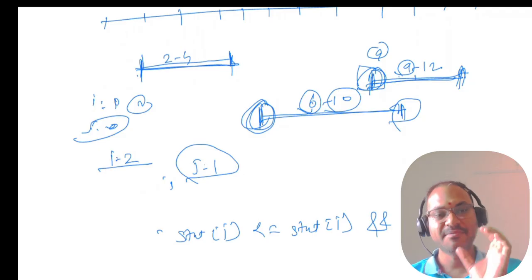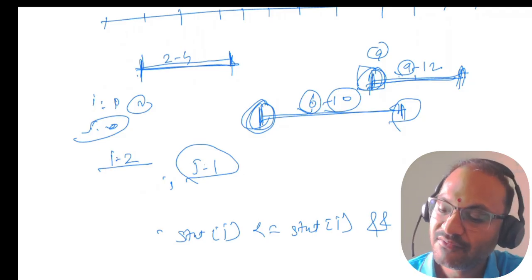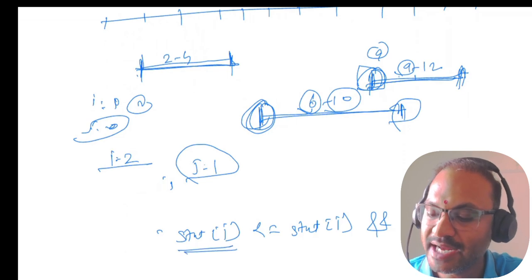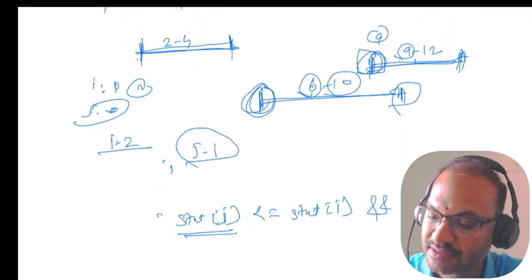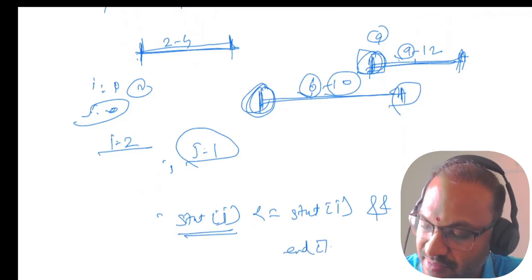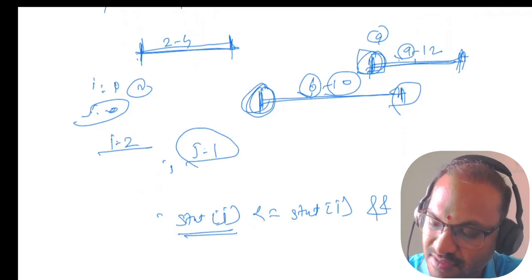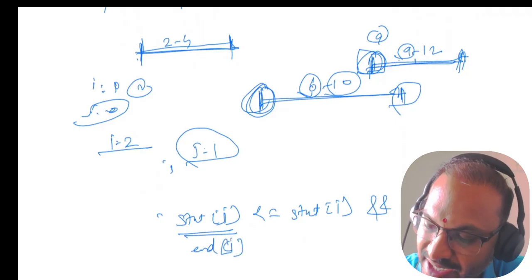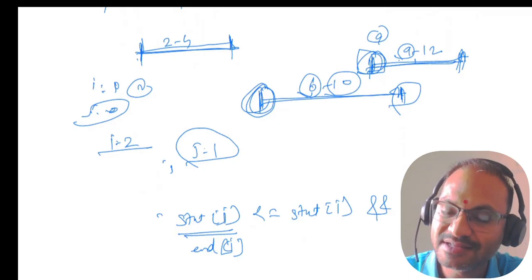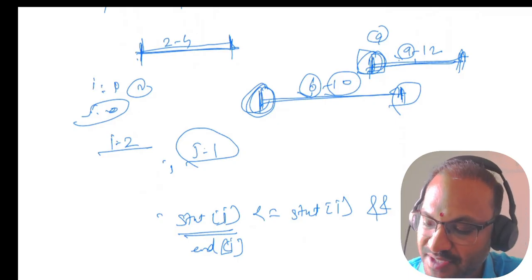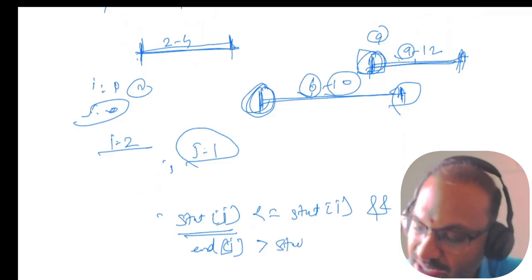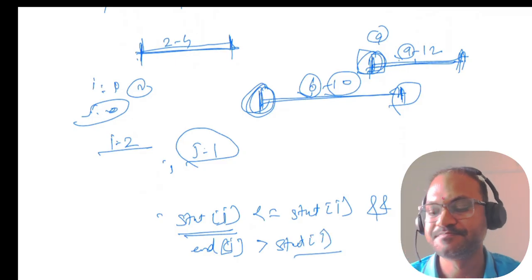And the important thing is, when can we say the meeting is overlapping? The ending point of the second meeting, this is j, should be greater than the starting point of the first meeting.